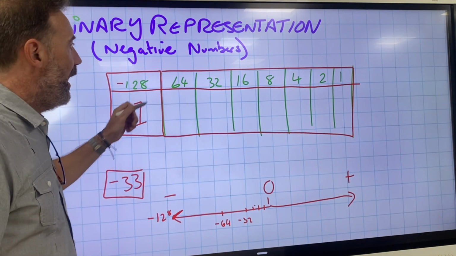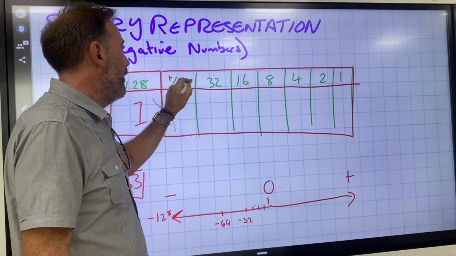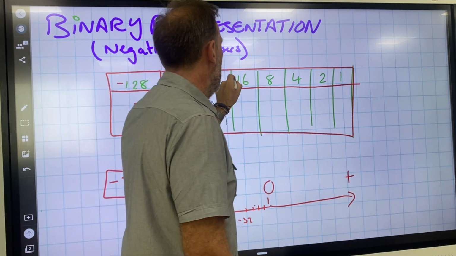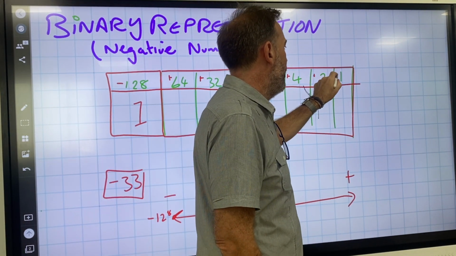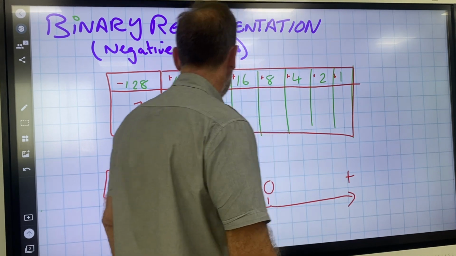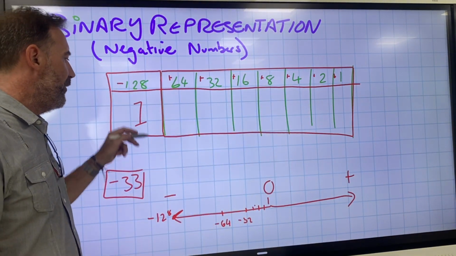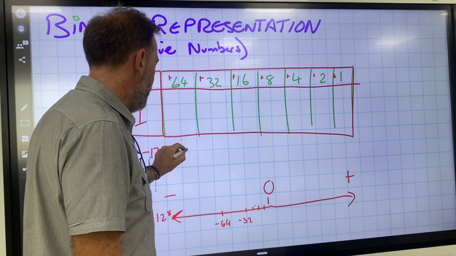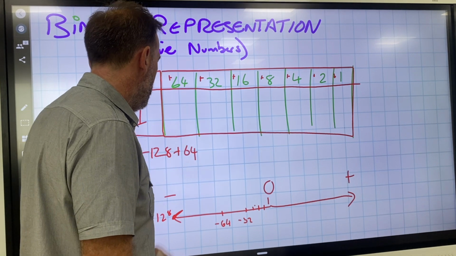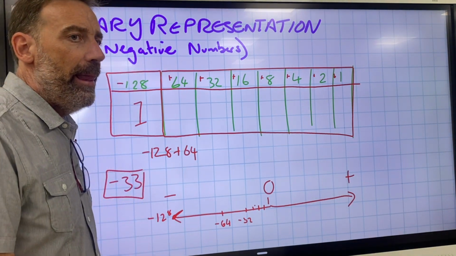Remember these are all positives, we're going to add these onto our negative 128. So negative 128 plus positive 64 would give us what? Negative 64.